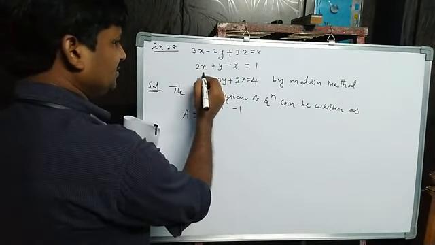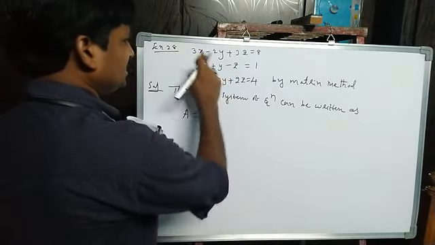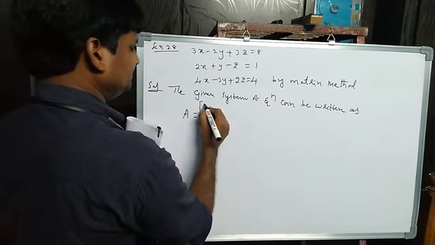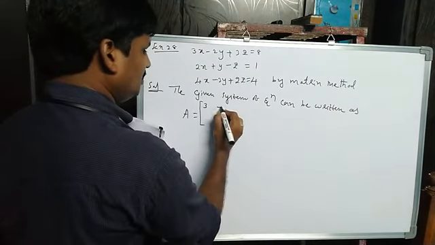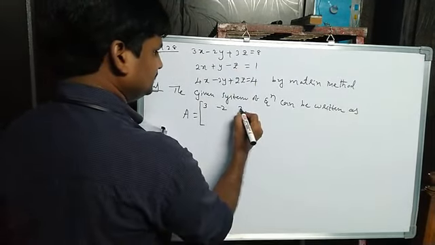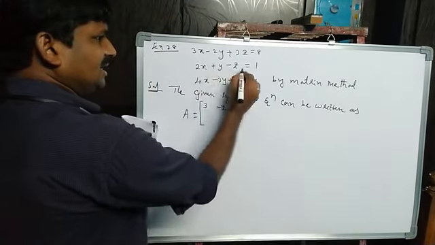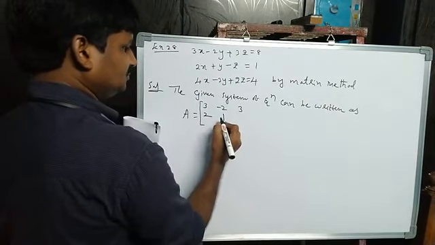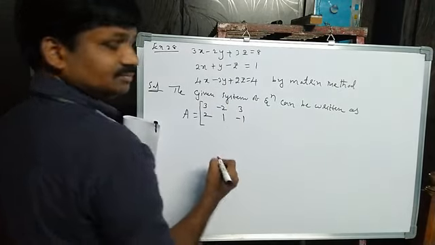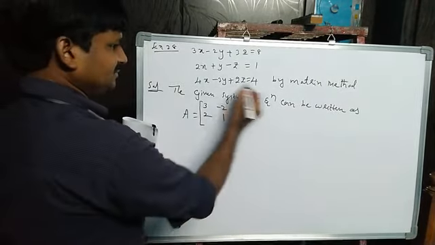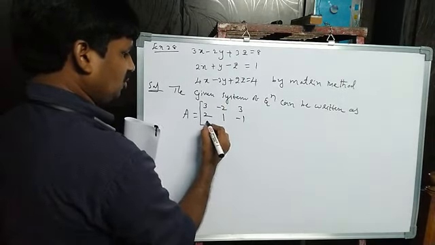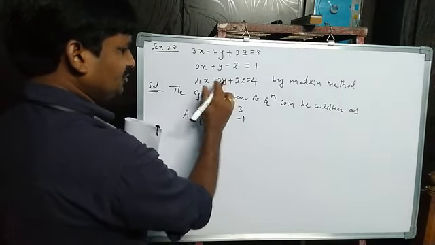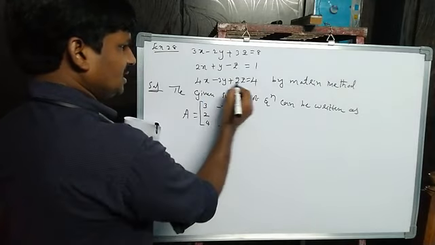Sorry, first the first equation: x coefficient 3, y coefficient minus 2, z coefficient 3. Next, the second equation: x coefficient 2, y coefficient 1, z coefficient minus 1. Next, the third equation: x coefficient 4, y coefficient minus 3, z coefficient 2.